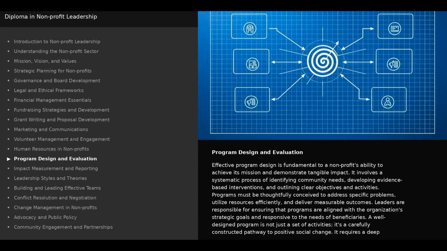Program design and evaluation. Effective program design is fundamental to a nonprofit's ability to achieve its mission and demonstrate tangible impact. It involves a systematic process of identifying community needs, developing evidence-based interventions, and outlining clear objectives and activities. Programs must be thoughtfully conceived to address specific problems, utilize resources efficiently, and deliver measurable outcomes.